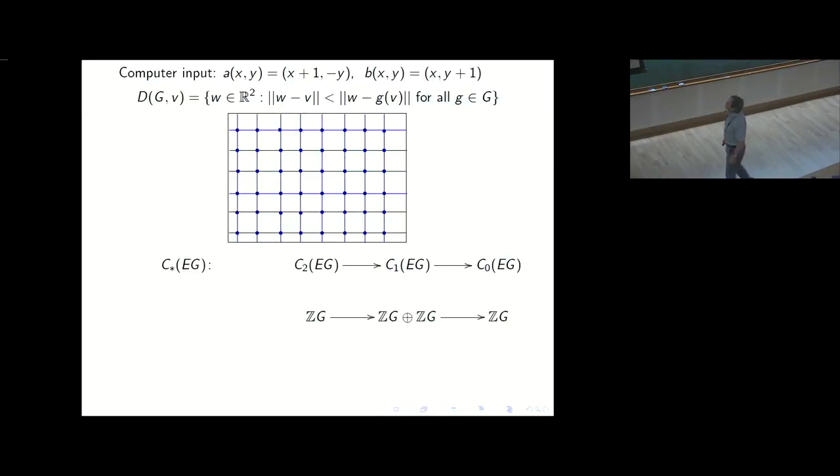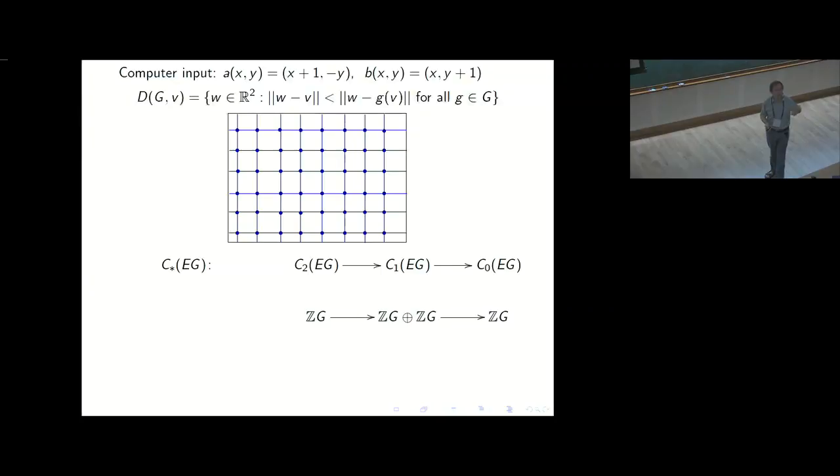And then we do what I was talking about yesterday. You take the cellular chain complex of your CW space. EG now is the plane. So these cellular groups are the free abelian group on the two-dimensional cells. There's one generator for every two-dimensional square there, one generator for every one-dimensional edge, and so on.